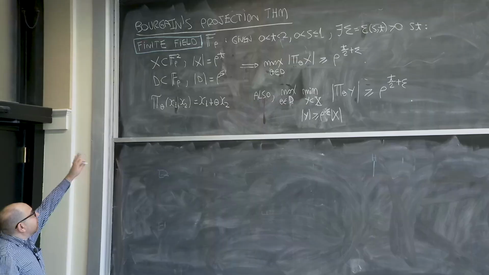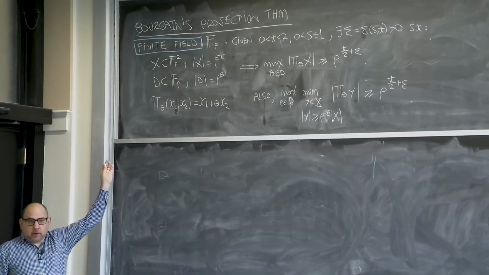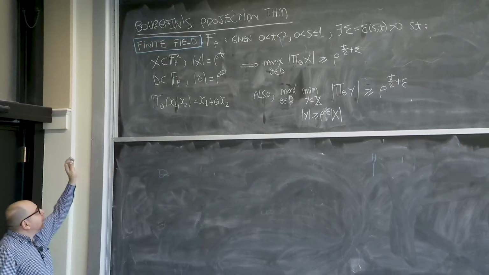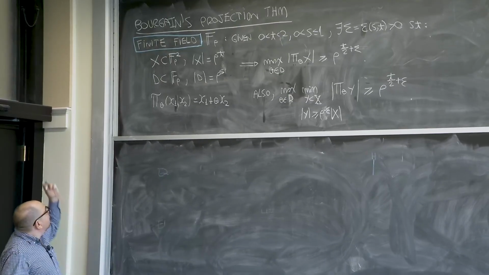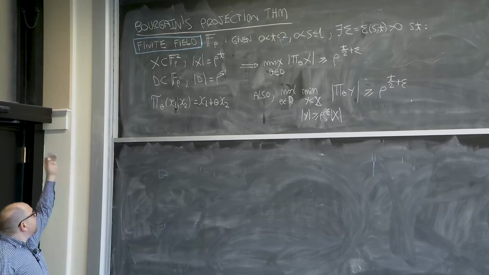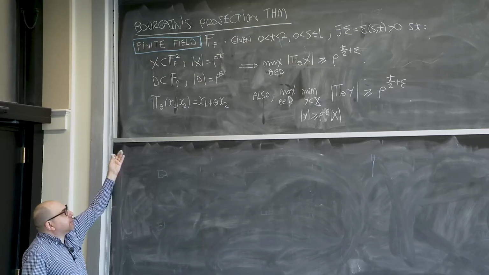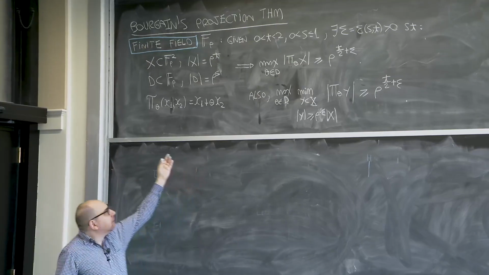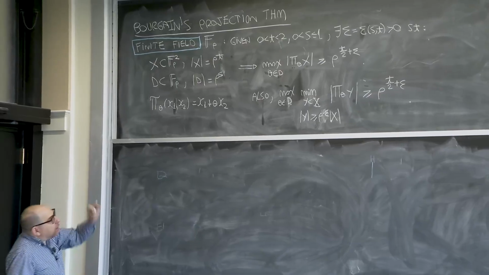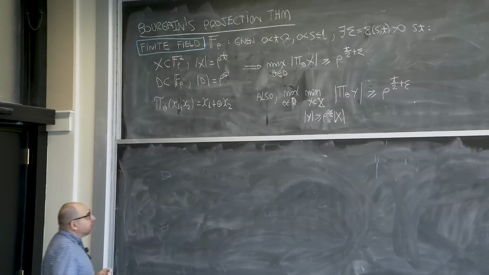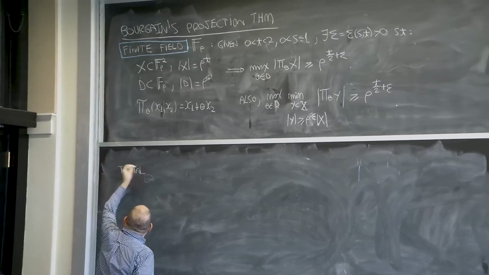This theorem is not true if we replace p by p squared, or anything which is not a prime, because if you look at F_{p^2}, for example, then F_p is sitting there, and if we take X to be F_p and D to be F_p sitting in F_{p^2}, we don't escape F_p, because F_p is a subring. So this is not true. But without the epsilon, it's true in any field. And the argument is trivial. So, okay, one should never use the word trivial, but I will use it in this case.